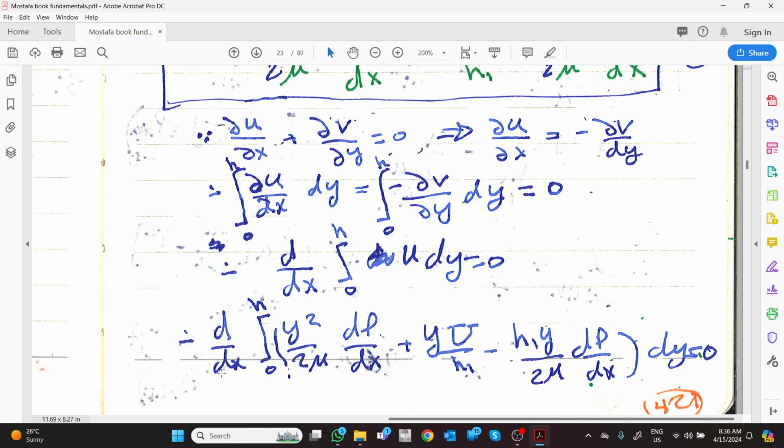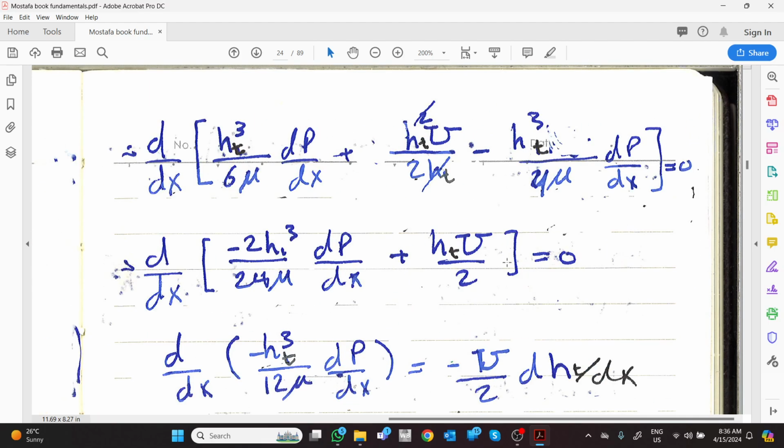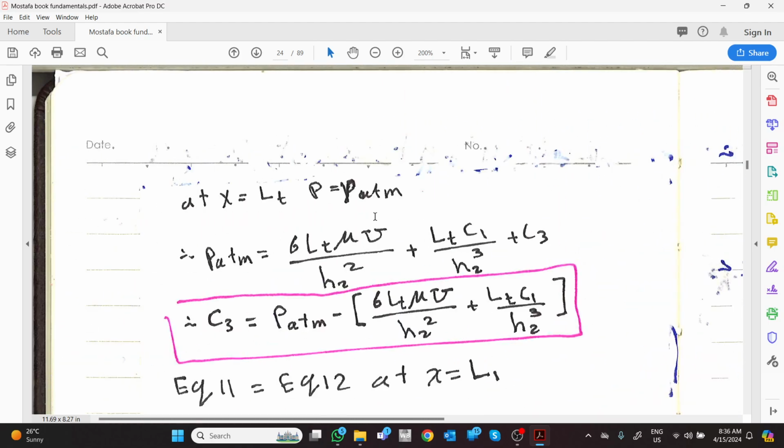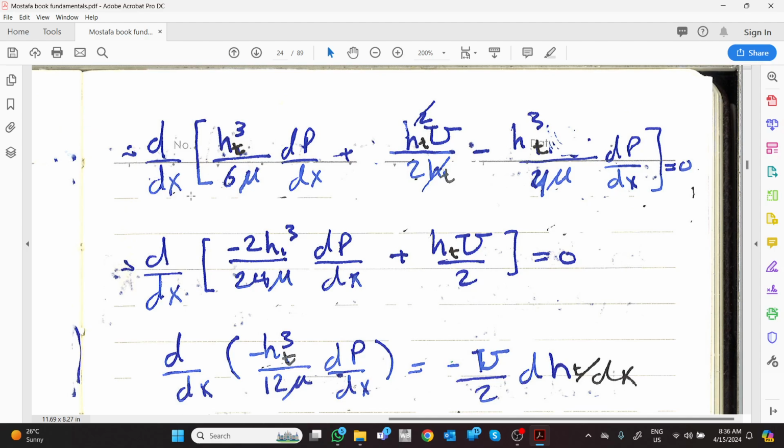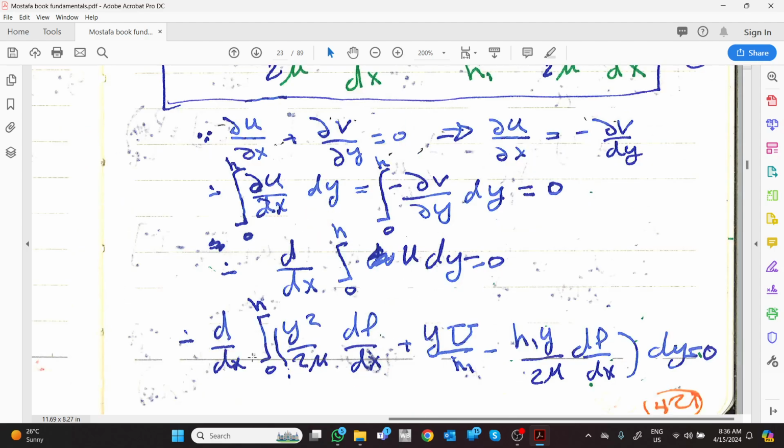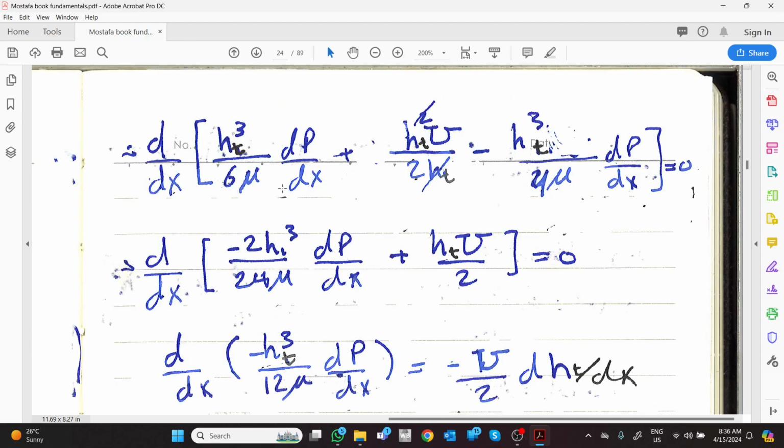This is not minus, these are units like this. So from here, make the integration with respect to h. You will find h cubed, etc.